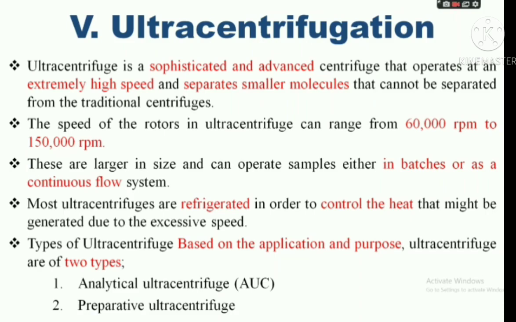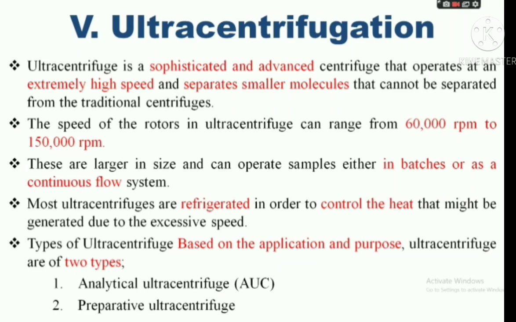Next, the speed of the rotor in an ultracentrifuge can range from 60,000 rpm to 150,000 rpm. So rpm means rounds per minute, or revolutions per minute. In high speed centrifugation, rotations vary up to about 13,000, but in ultracentrifugation, rotations vary from 60,000 to 150,000.